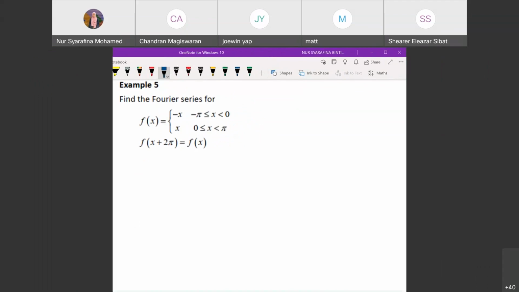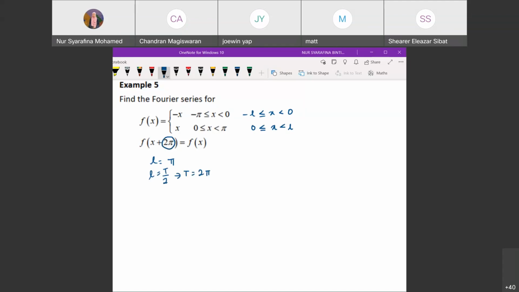Generally, this is in terms of minus L to 0, and here is 0 to L. And you know that your L equals to what? Your L equals pi, and L equals T over 2. So T equals 2 pi. And it is given already. T equals 2 pi.